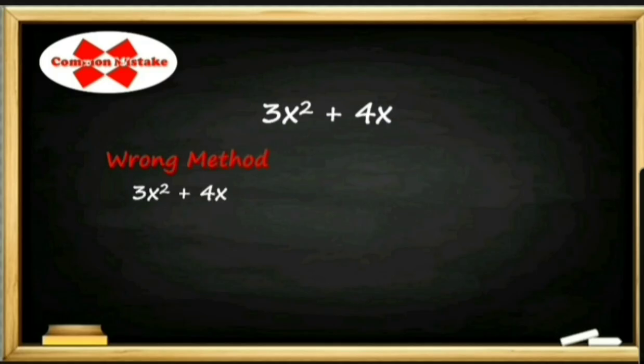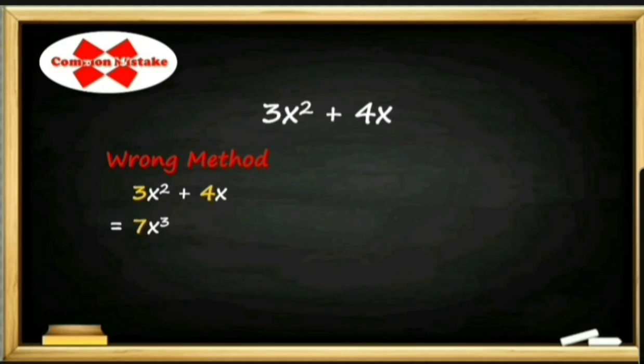Now, let's look at a common mistake that students sometimes make. Here's the expression, 3x squared plus 4x. A wrong way to simplify it is 3x squared plus 4x equals 7x cubed. Notice what happened here. Some students try to combine the coefficients and also the exponents.